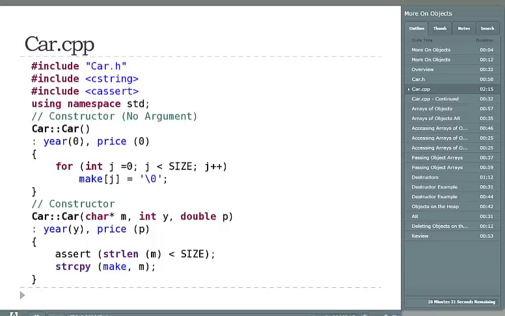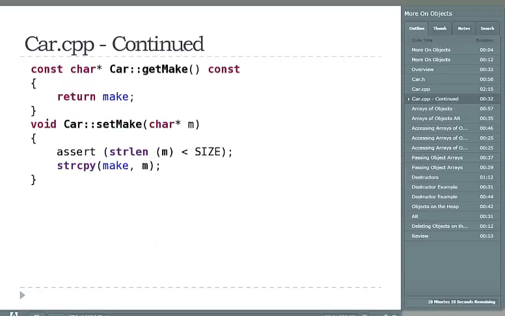Next, it asserts that the length of a string that is passed in to the m pointer is less than the maximum size, which is defined as size. In this case, it was 20 characters. If that condition is met, the string is copied from m into make. And finally, the last two functions are implemented.